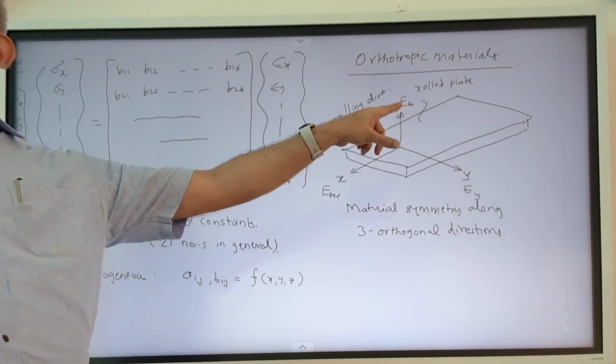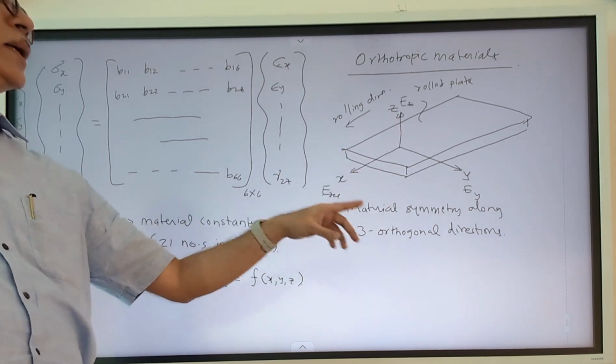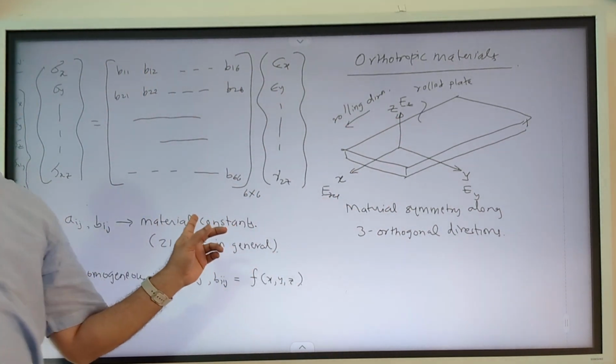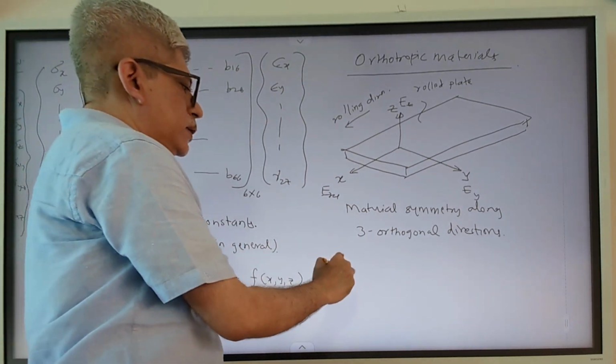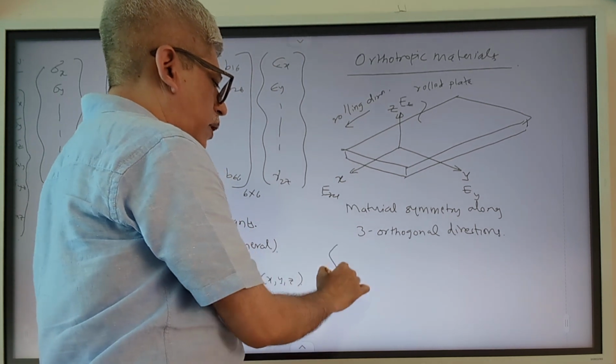So if you align your coordinate system in the direction of the rolling of the plate, in this particular set of equations you don't require 21 constants. In that case, this particular matrix takes the form as follows.